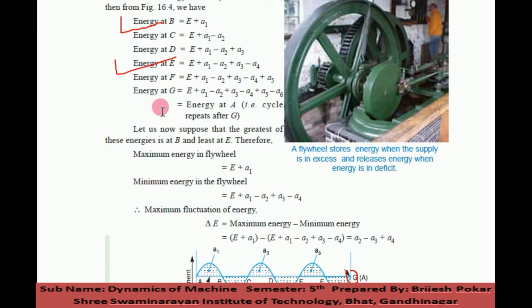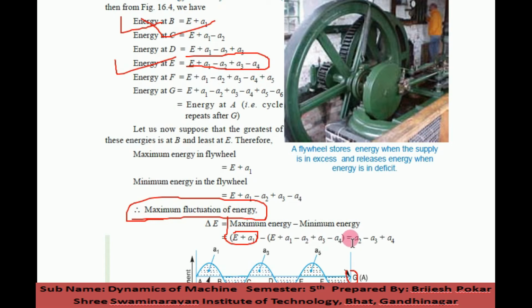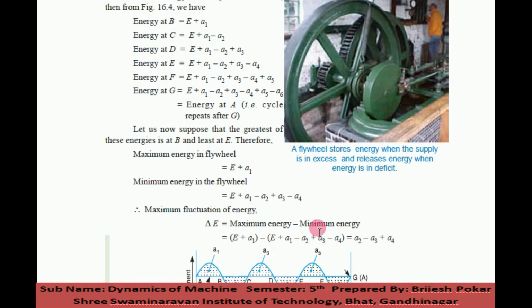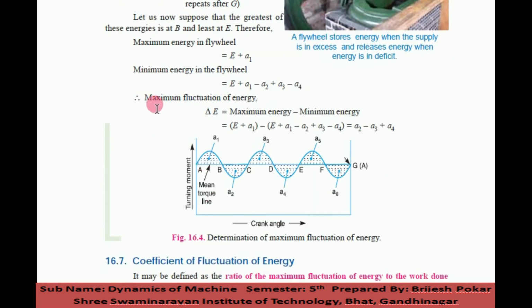Then the maximum fluctuation of energy is equal to the maximum energy, E plus A1, minus the minimum energy, which gives A1 minus A2 plus A3 minus A4. By this way we can find the maximum fluctuation of energy.